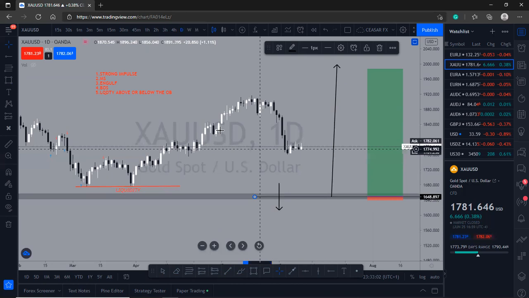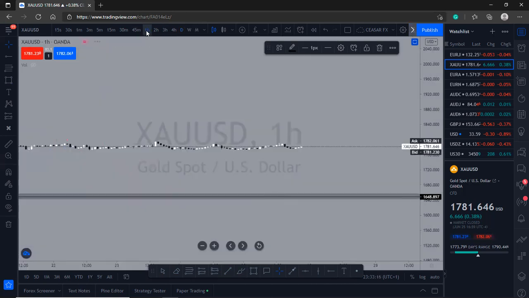And then you must go down to smaller time frames. Let me go down to the 1 hour time frame and show you what is going to happen. It will do one of 2 things that I'm going to talk about here.